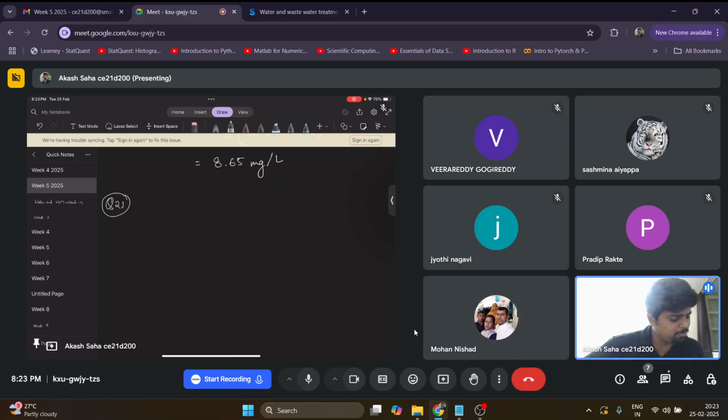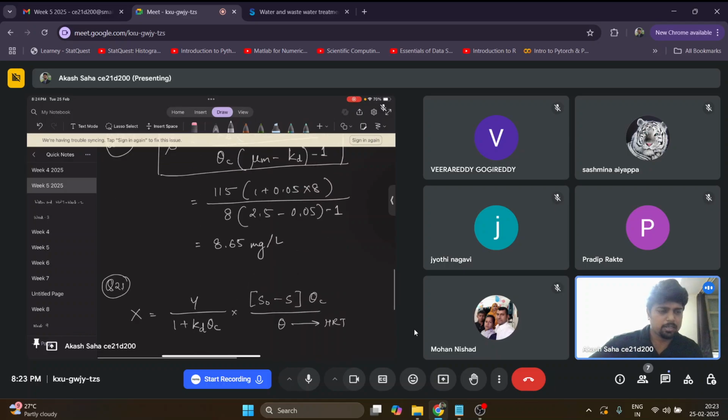Yes. So the formula is x is equal to y divided by 1 plus kd theta c, into s naught minus s, again theta c will come by theta. Here theta is the hydraulic retention time which we just calculated in the previous problem.